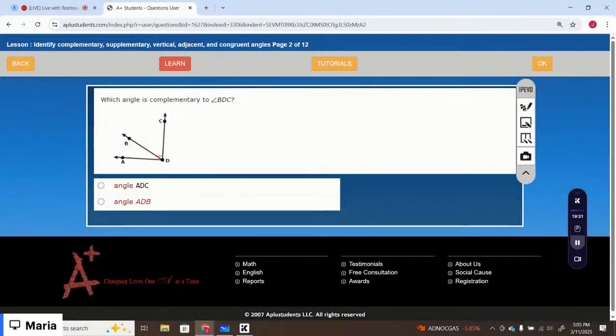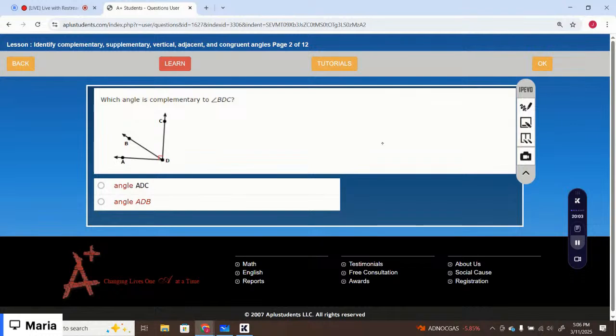Which angle is complementary to angle BDC?